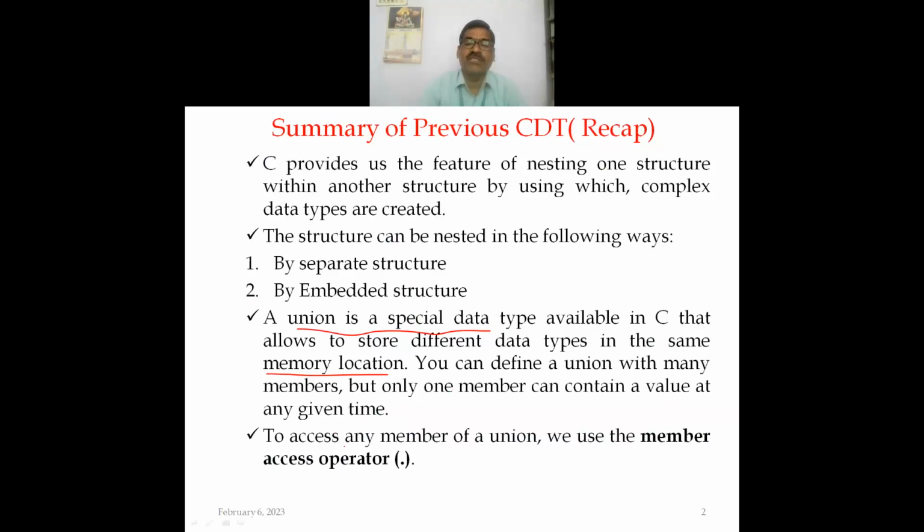To access the members of a union, we also use the dot operator, similar to the structure. So we discussed that structures and unions are the same, only they differ in memory allocation as well as the way the union members are accessed. Fine, both can be accessed using dot operators.